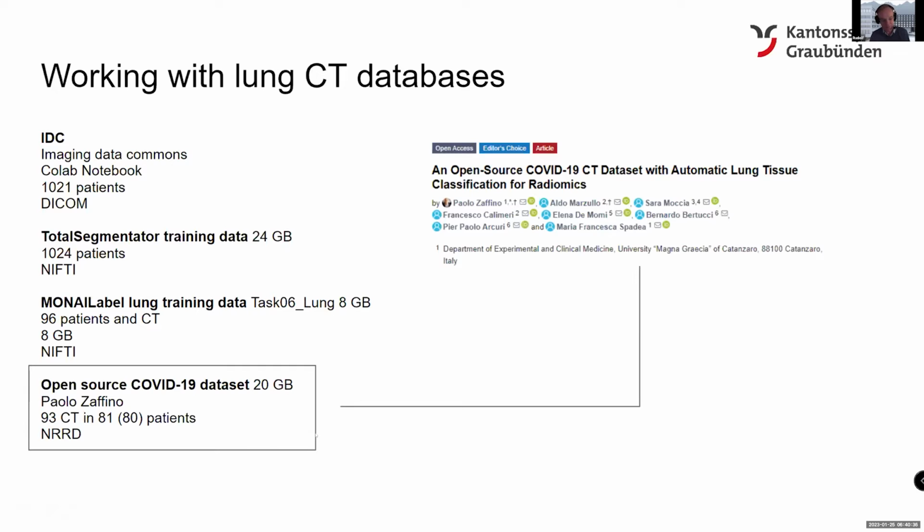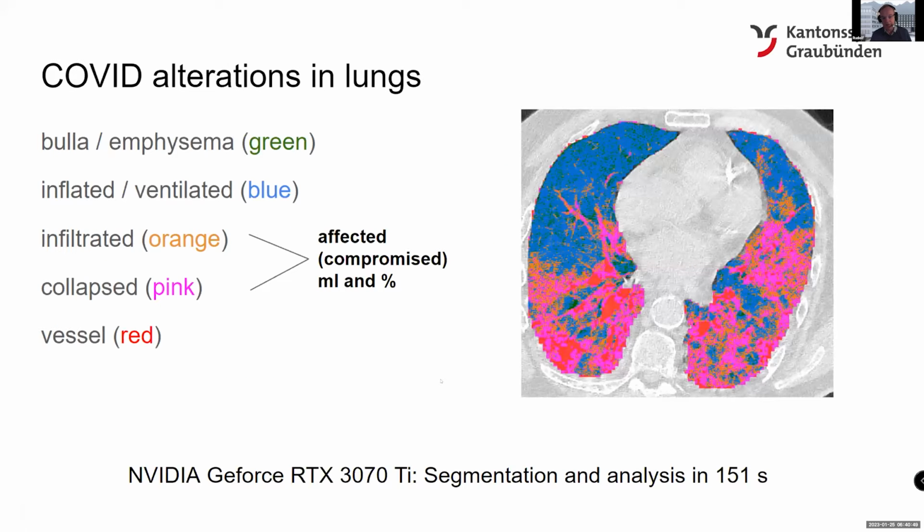I saw Paulus in the audience today, and he has 81 COVID patients with 93 CTs, and it's all published and publicly available. And we ran our software over these CTs, and it's quite easy.